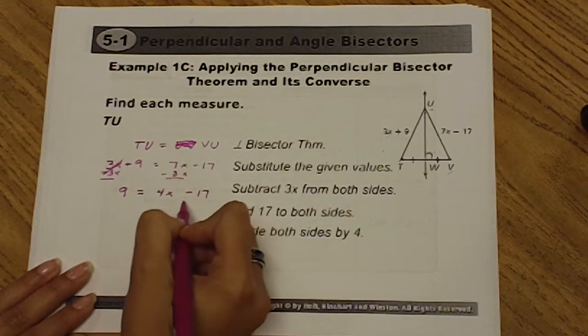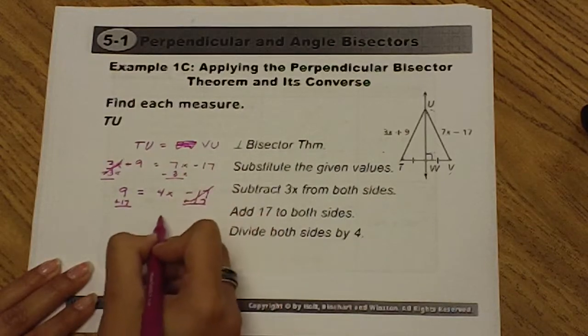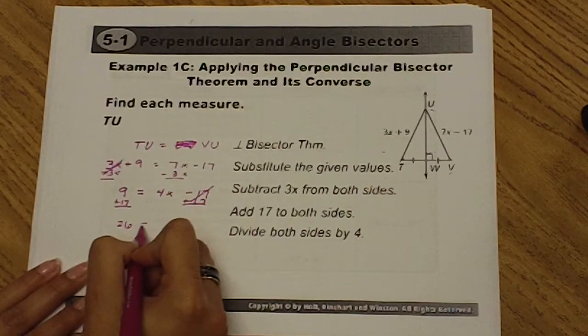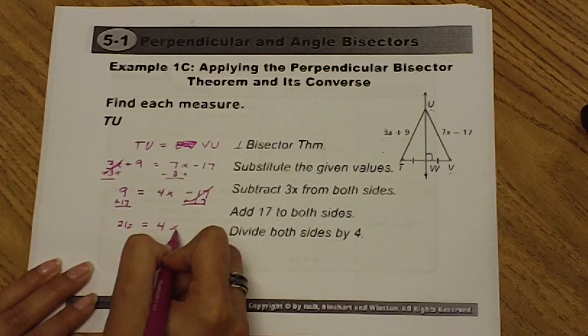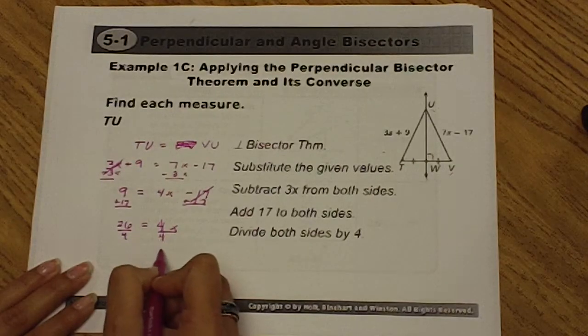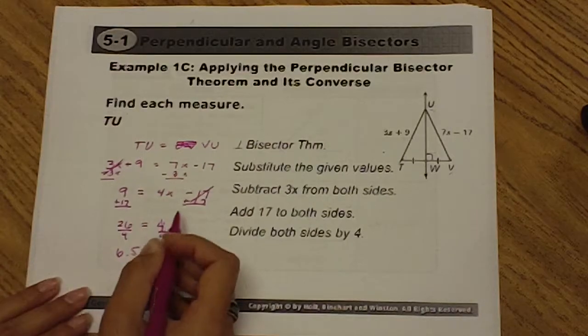I need to add 17 to both sides. That's gone, and here I get 26 equals 4x. Divide both sides by 4, trying to isolate the variable. I end up getting x equals 6.5.